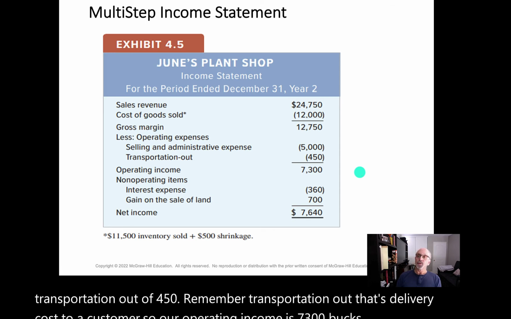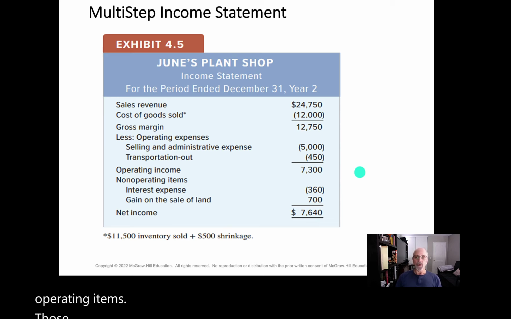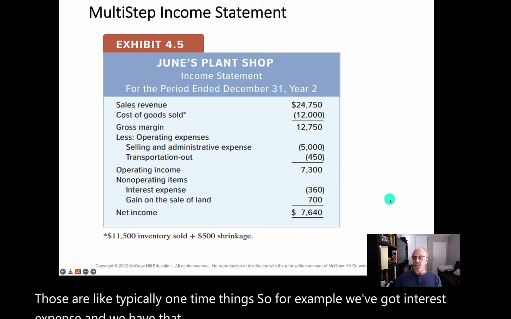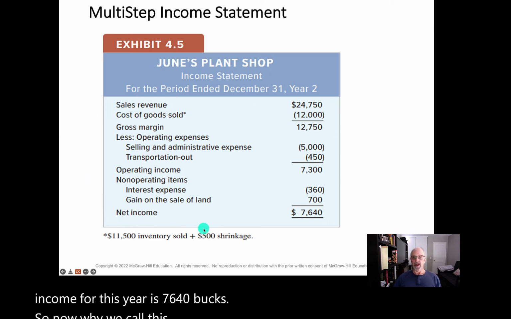Then we have a new section on the income statement we're calling non-operating items. Those are like typically one-time things. So for example, we've got interest expense and we have that gain on the sale of the land for $700. Our net income for this year is $7,640. So now you know why we call this a multi-step income statement.